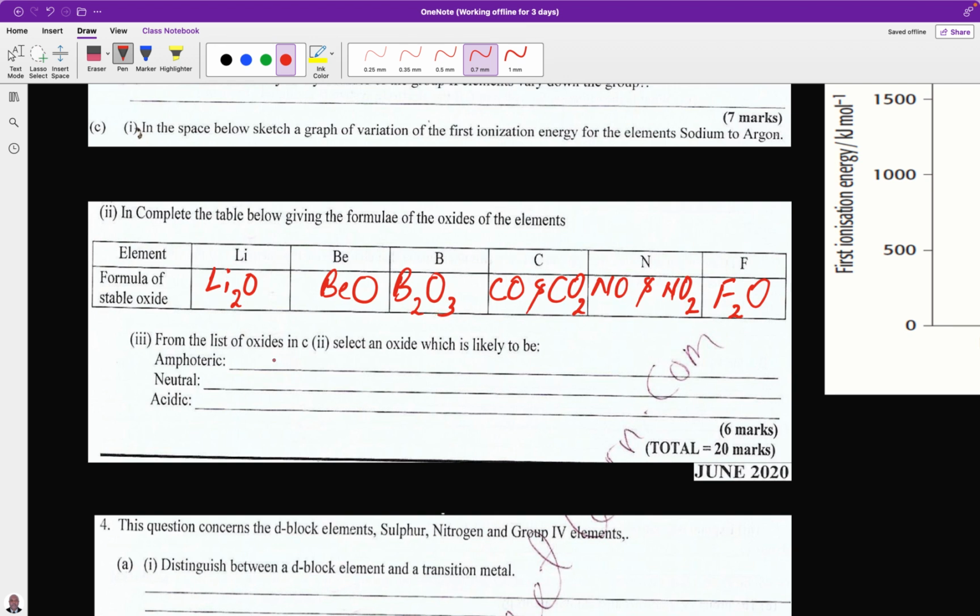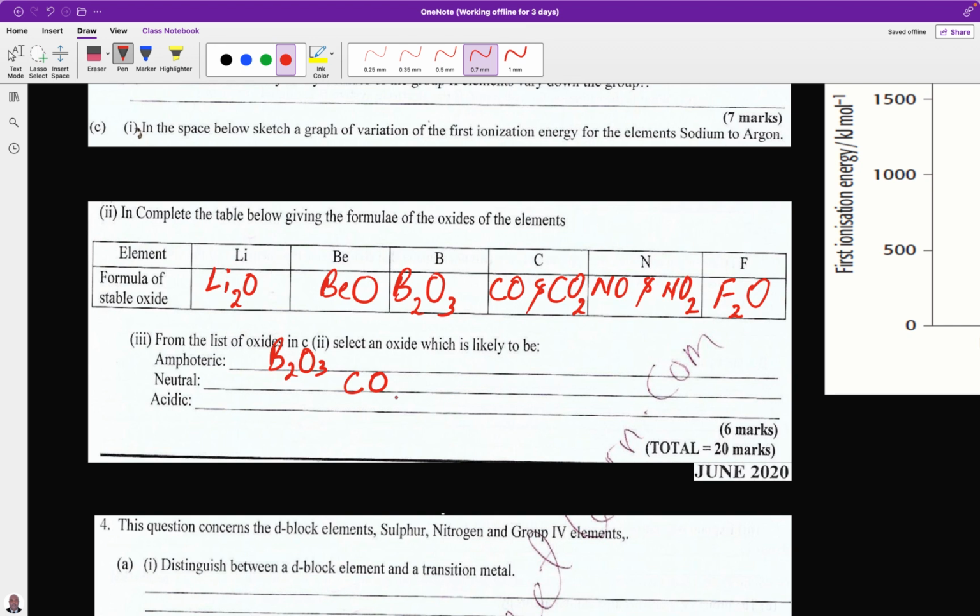Amphoteric would definitely be something like B2O3. That will be the one. Then a neutral oxide: because carbon dioxide is acidic, a neutral oxide would definitely be carbon monoxide.